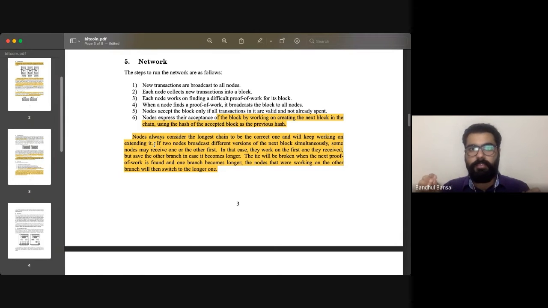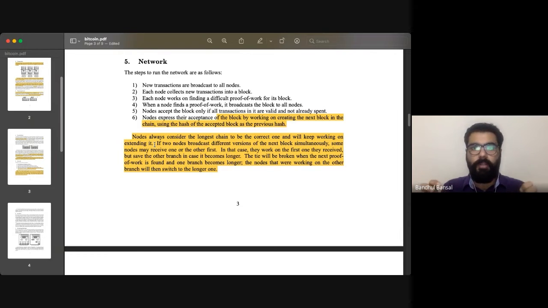They broadcasted it at a very similar moment, right? In that particular case, some of the nodes will receive the first block broadcasted. Some of the nodes will receive the second block that was broadcasted. So during this process, which particular block will the chain consider?